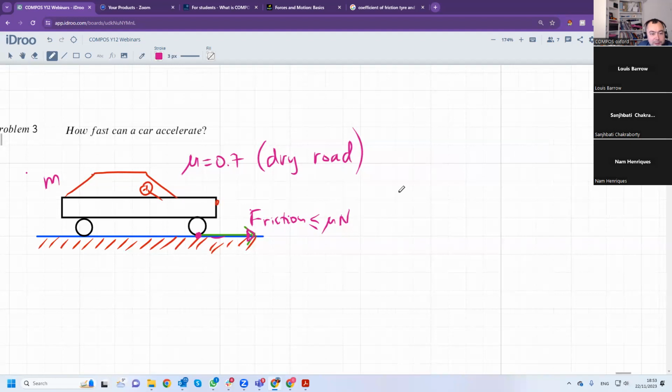Okay, so the forward force. So we have Newton's second law: mass times acceleration is equal to the resultant force. But the resultant force is friction. That's the only force, you ignore air resistance. The only forward force is friction.